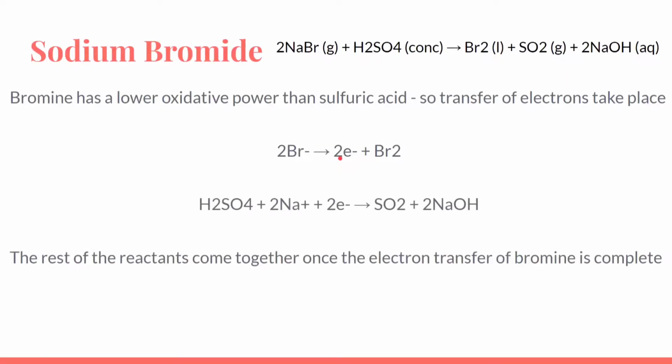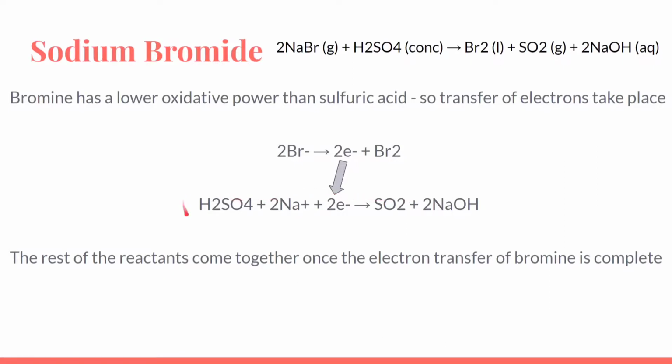And these 2 electrons go towards the other part of the reaction, where the sulfur from the sulfuric acid takes these 2 electrons and makes sulfur dioxide.